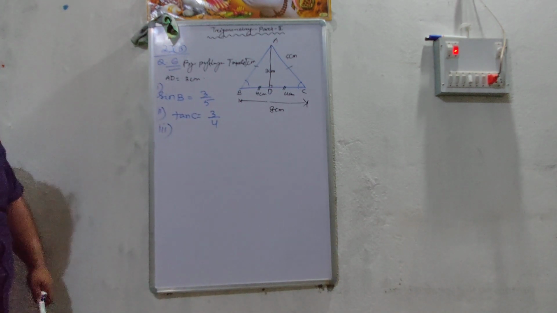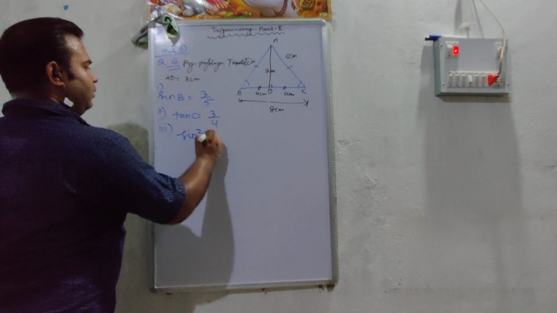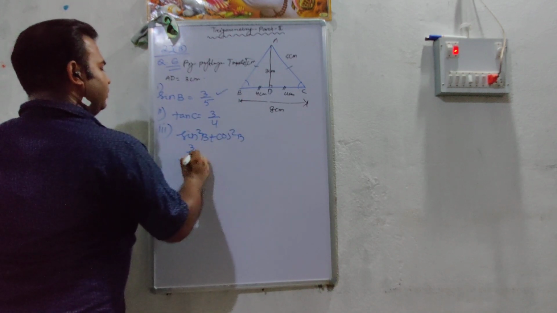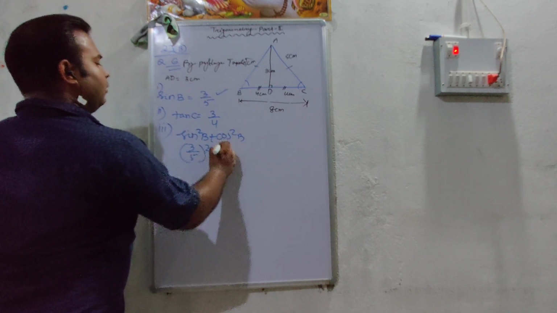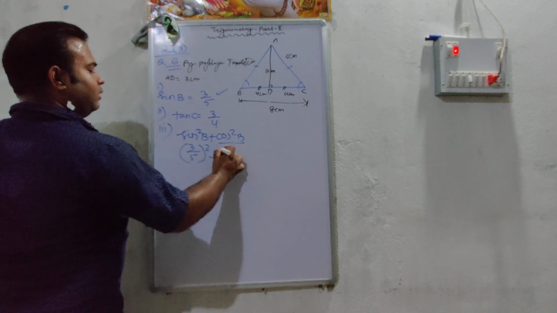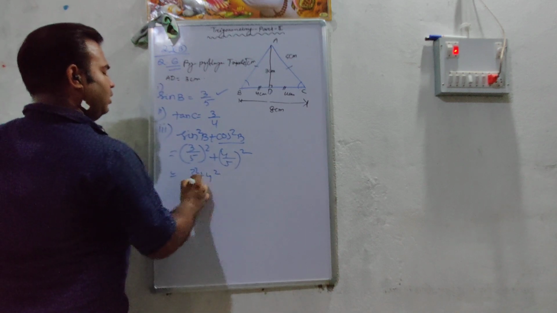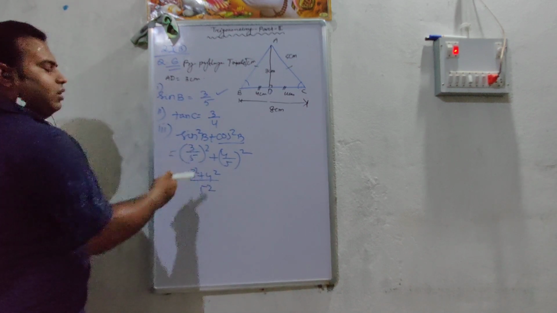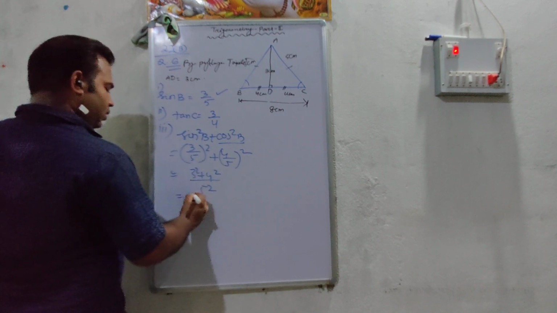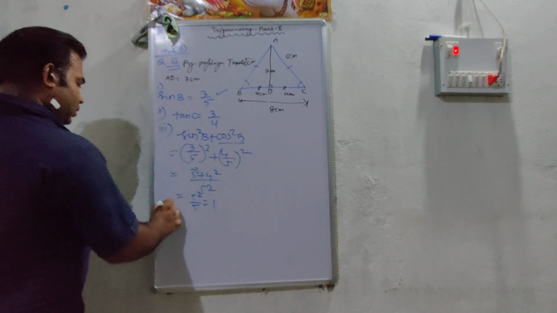Now, sin square B plus cos square B. Here sin B is 3 by 5, its square, plus cos B is 4 by 5, its square. It will be 3 square plus 4 square by 5 square. 3 square is 9, 4 square is 16, it will be 25. It's 5 square only, so 5 square by 5 square will be 1. The answer is 1.